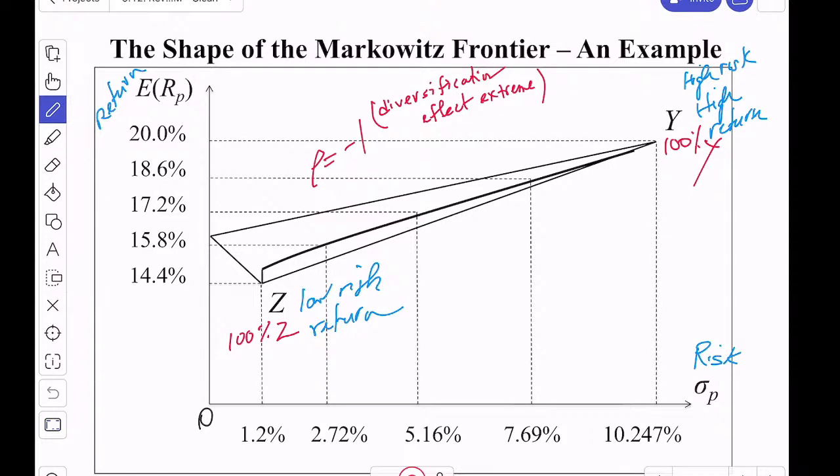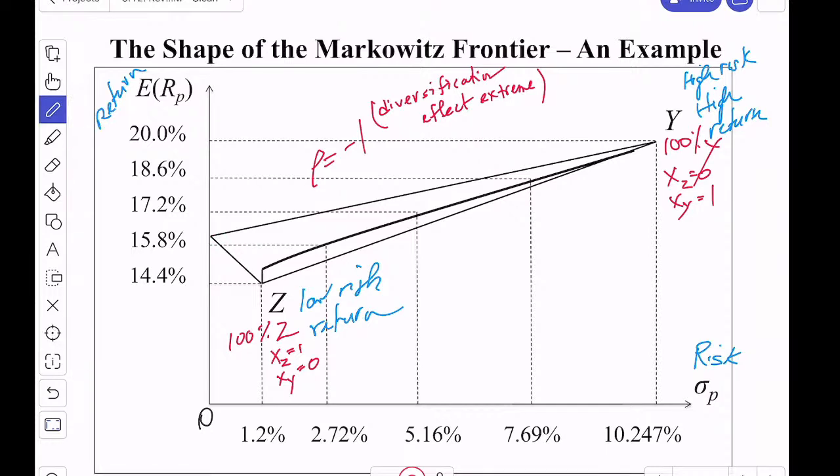Here, the weight on Z is equal to 1, and the weight on Y is equal to 0. And here, the weight on Z is equal to 0, and the weight on Y is equal to 1. Just to be clear. And then everything in between is different.